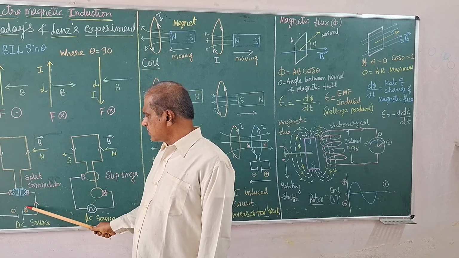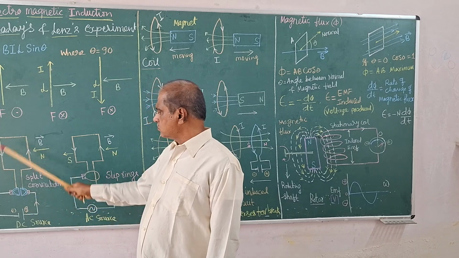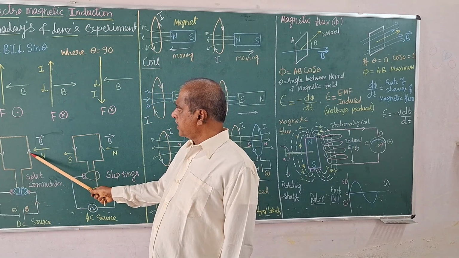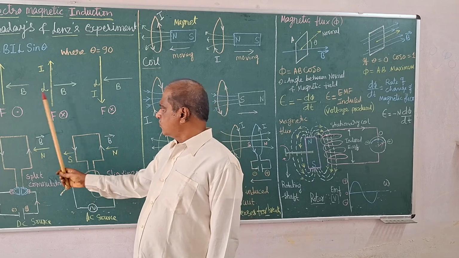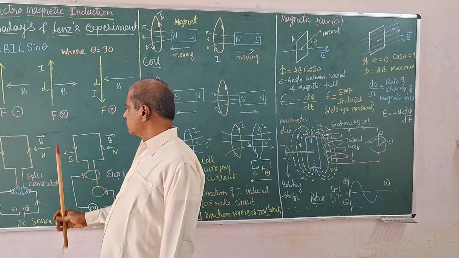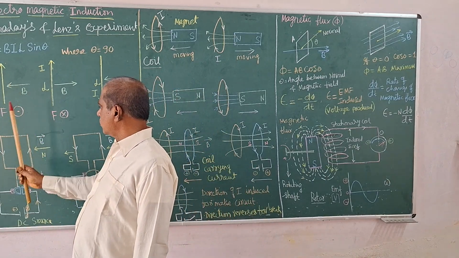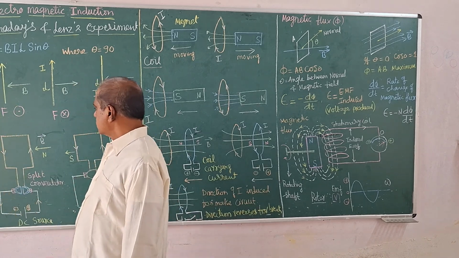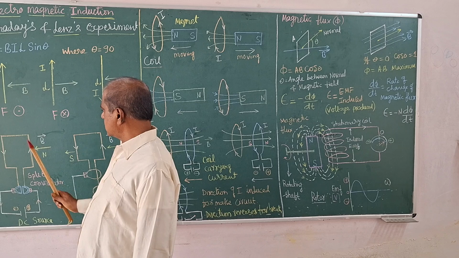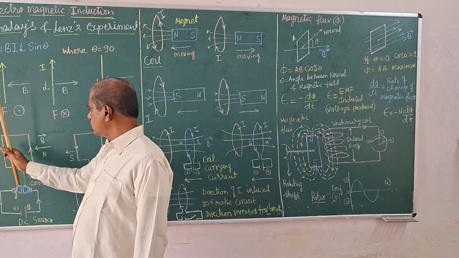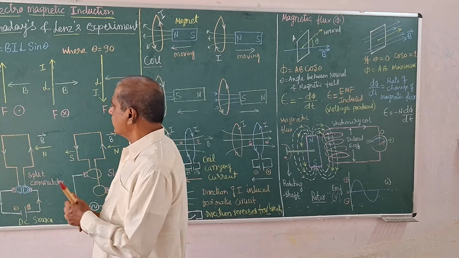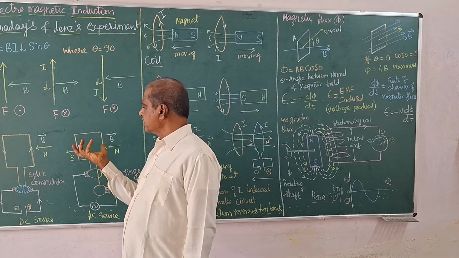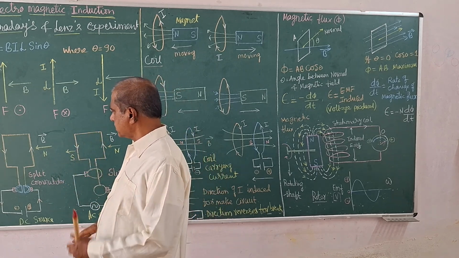If we pass DC current through it, with this interaction the force on one side is outward and on the other side is inward, resulting in rotation of the coil, an anti-clockwise rotation.